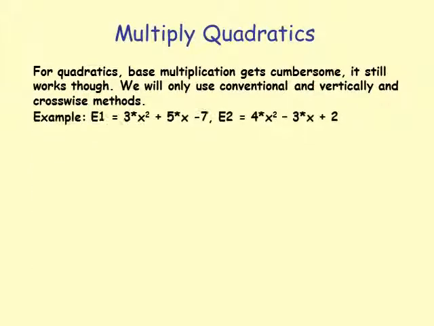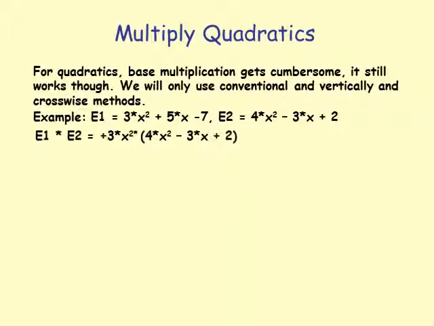Example is E1 is 3x squared plus 5x minus 7. E2 is 4x squared minus 3x plus 2. So highest flag value is 2 and highest flag value is 2, and that's what we call quadratics.